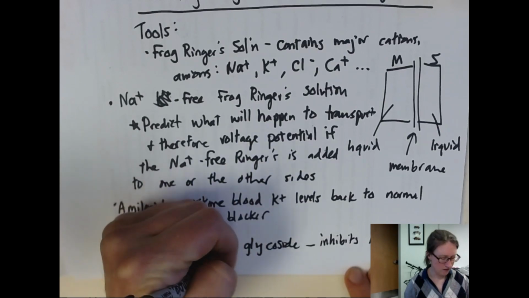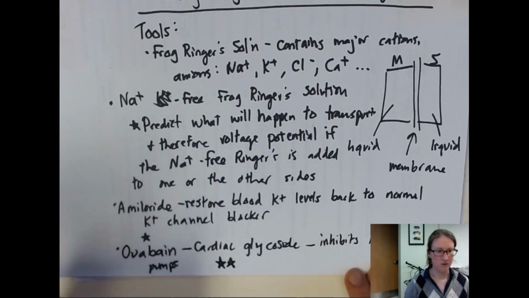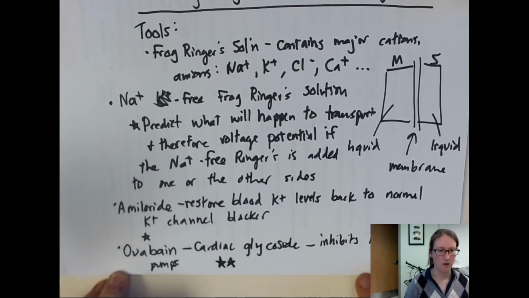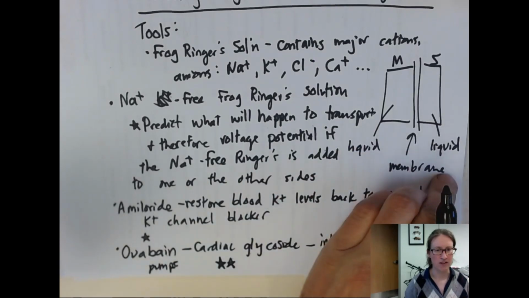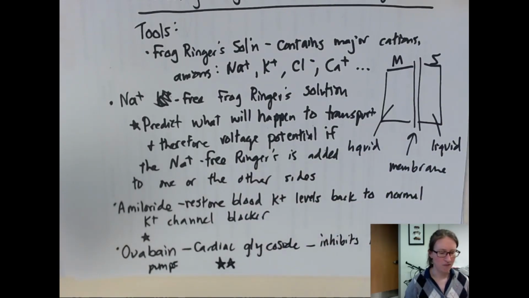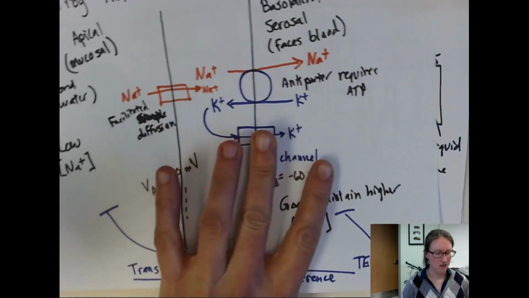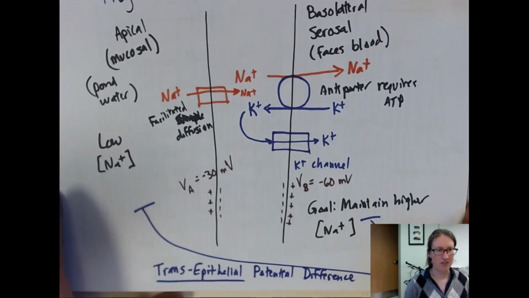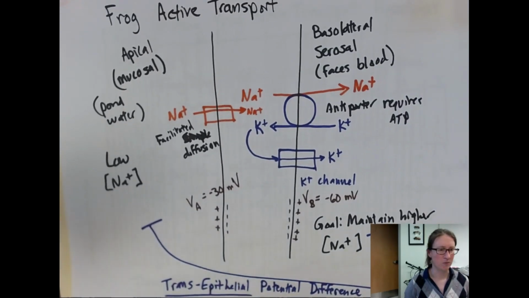And so again, I would recommend predicting what will happen if you add ouabain to one or the other sides of this membrane. And collectively, if your outcomes correspond with your predictions, that will help you determine whether or not this hypothesis about the arrangement of transport proteins is supported.